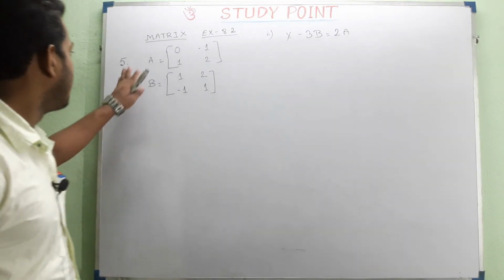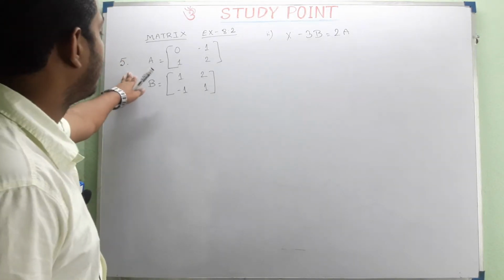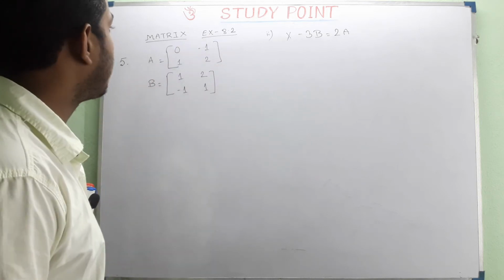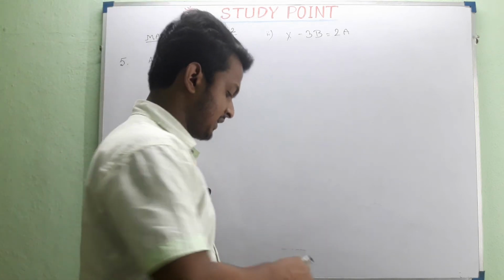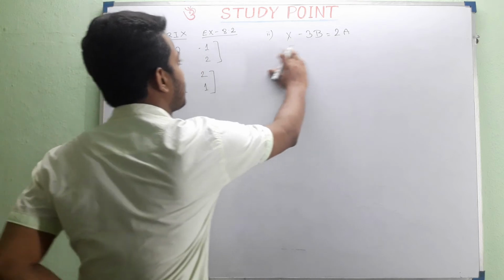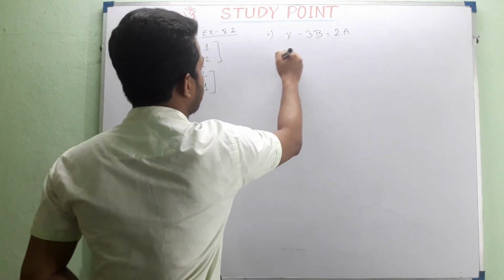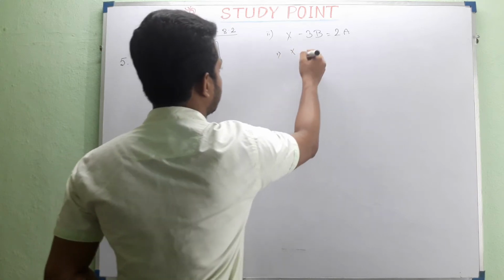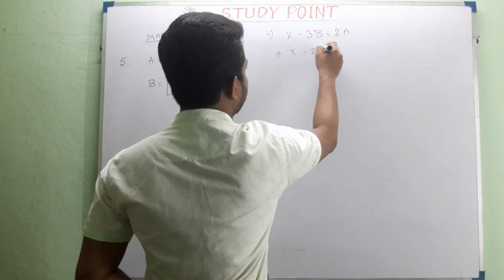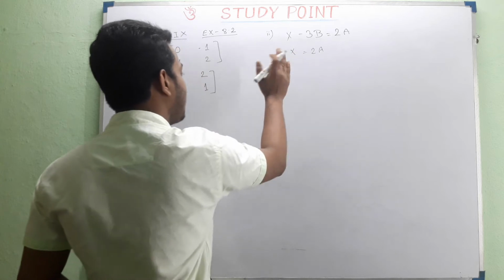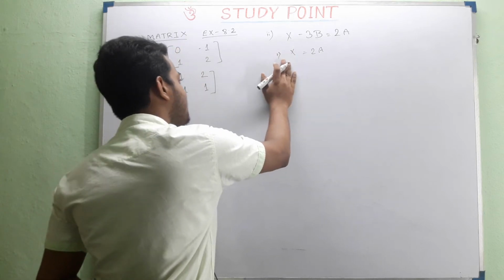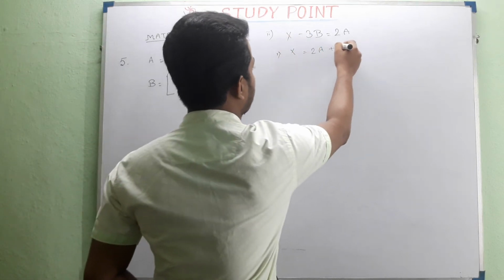Now see, for question number 5 there were 2 parts. Just now I have solved the first part and now solve the second part. See, from this given relation you have to find the value of this X matrix. As I did in the last sum, as we have to find the value of X matrix, it's better to keep the X matrix on one side and all the remaining terms on another side.